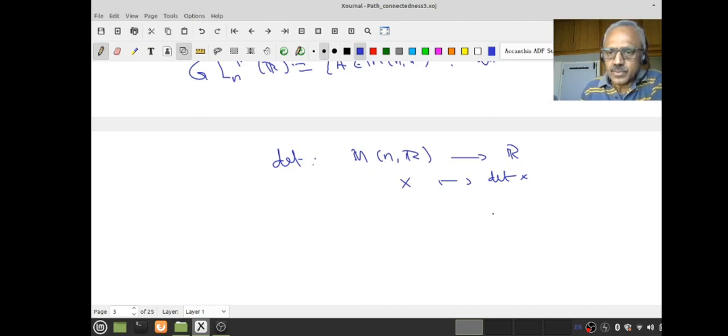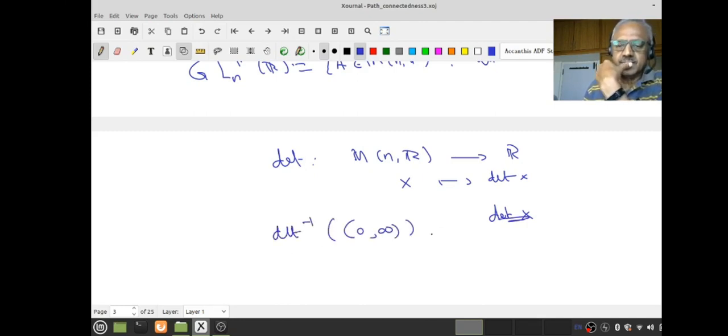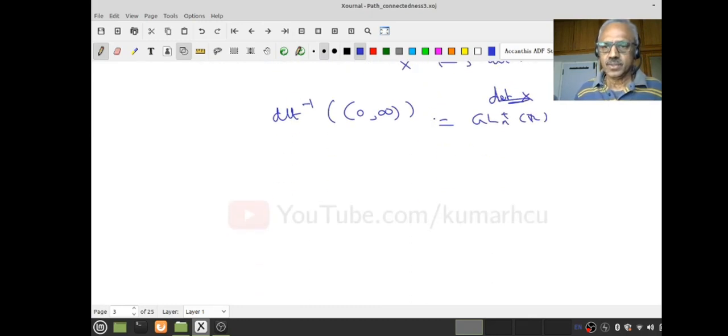Let us look at 0 to infinity, and the determinant inverse of it, which is GL_n^+(R). If I know this is connected, then it will follow it is path connected.